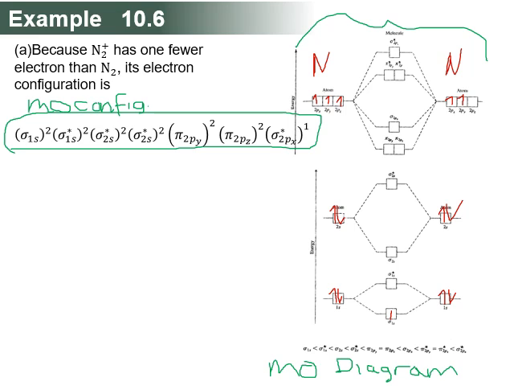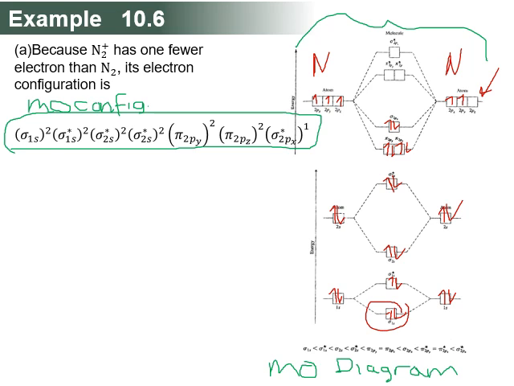So since I'm doing N2 positive, I should not put another one there because I need to create the molecule out of the atoms. Now you might think that the molecule, say we had a tube of nitrogen gas and we zapped it with electricity and one of the electrons was removed from the molecule. So when it was removed from the molecule, it was removed from the highest energy orbital.